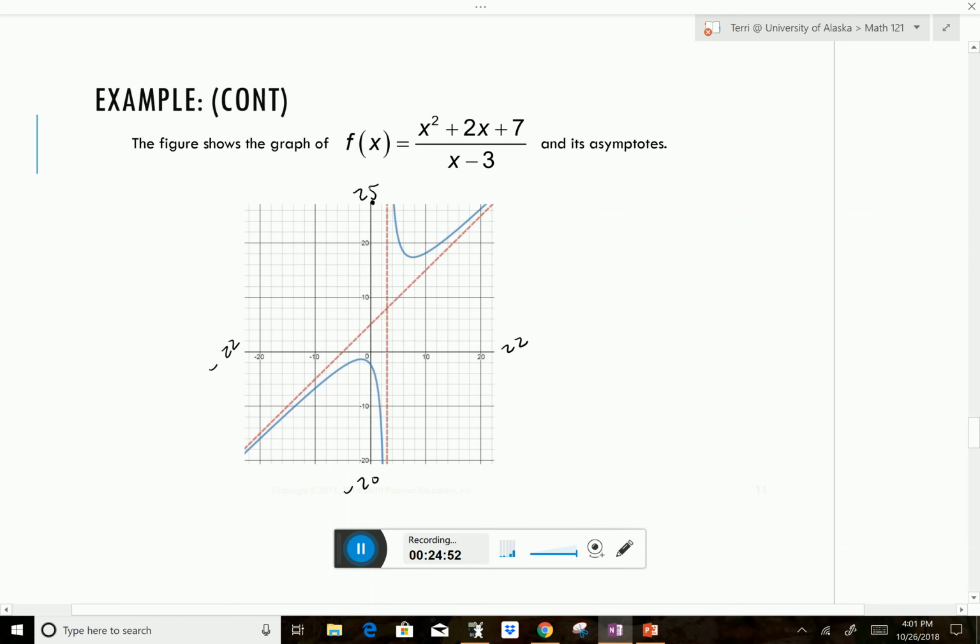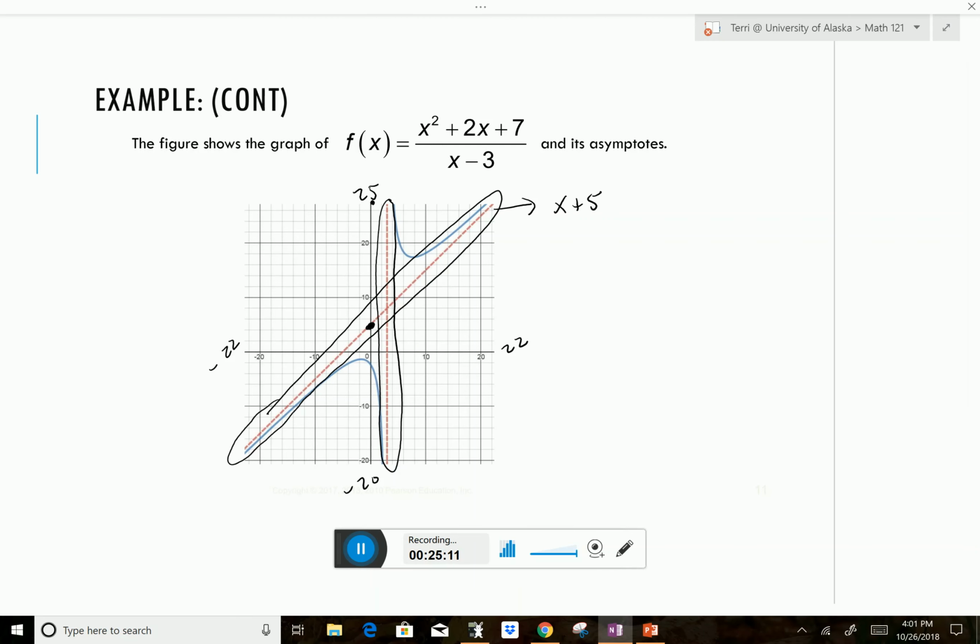It has this asymptote right here, the 3, and here's our slant asymptote that has the equation x plus 5. It crosses the y-axis at 5, and then it goes up 1 over 1 from there. So, there we have that one.